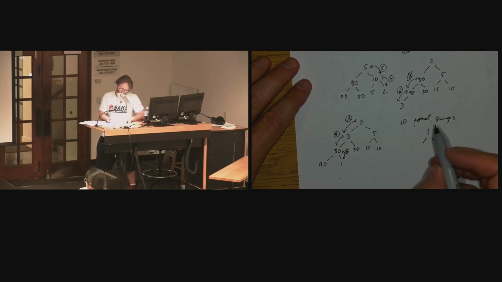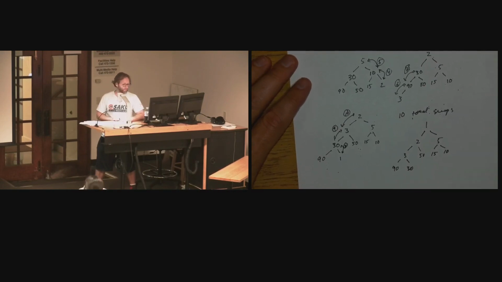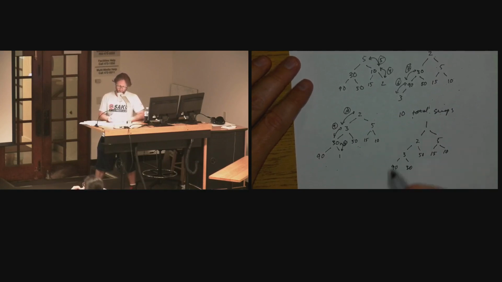This swapped all the way up, so all these things get swapped all the way down. What was up there? 3? 90, and then 30 is down here. There. So 10 total swaps.